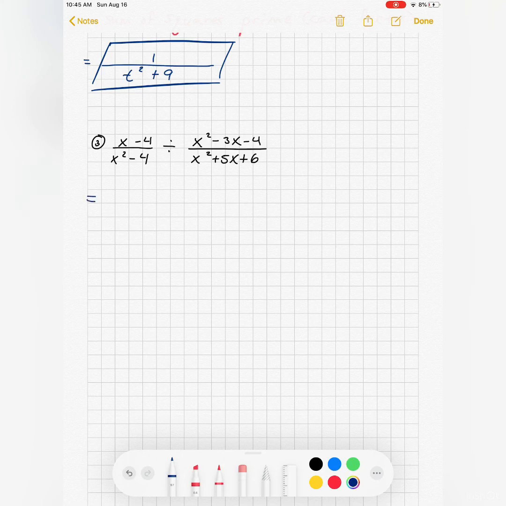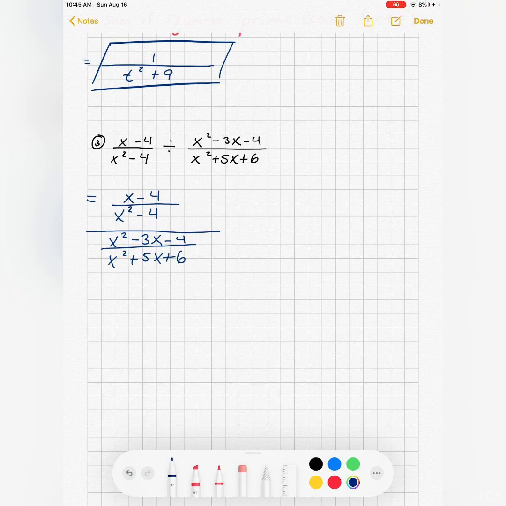Okay, what about a division? So that could also be written here's my dividend, divided by my divisor. So I could write that as a compound fraction as well.